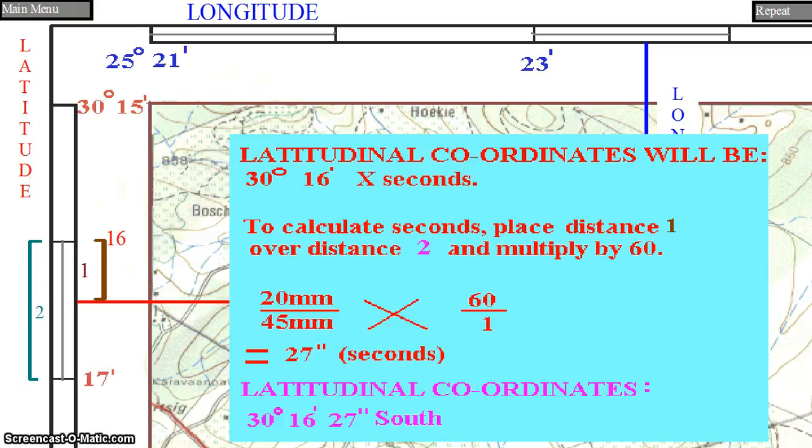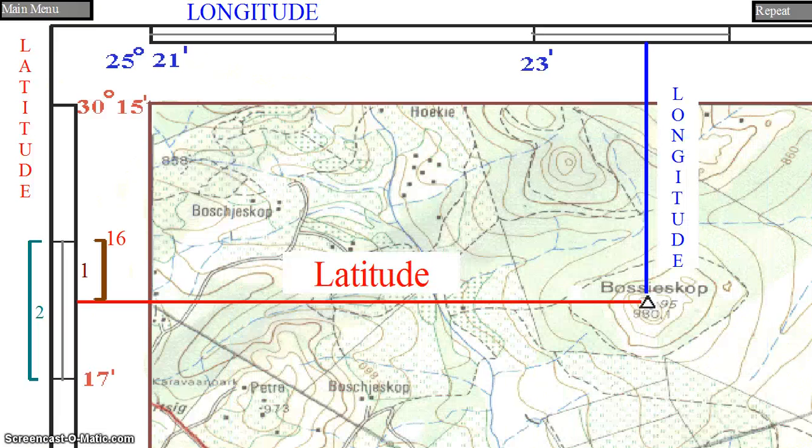In order to calculate the number of seconds, place distance 1, namely 20 millimeters, over distance 2, namely 45 millimeters, and multiply it by 60 over 1. This will be equal to 27 seconds. The latitudinal coordinates are therefore 30 degrees, 16 minutes, 27 seconds south of the equator.